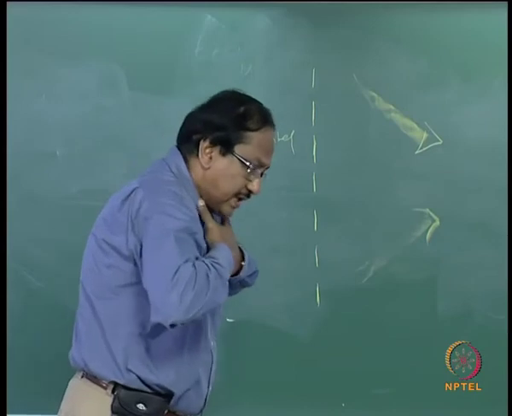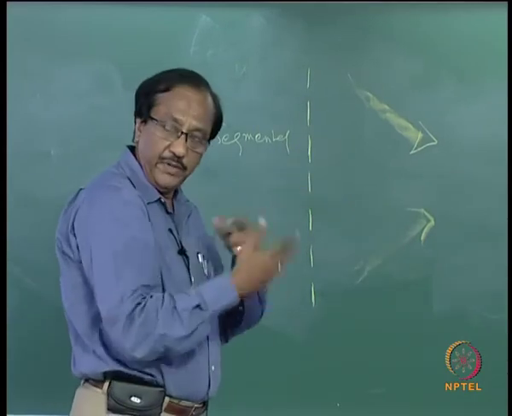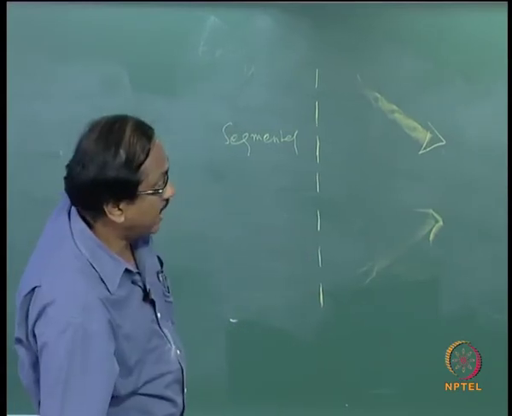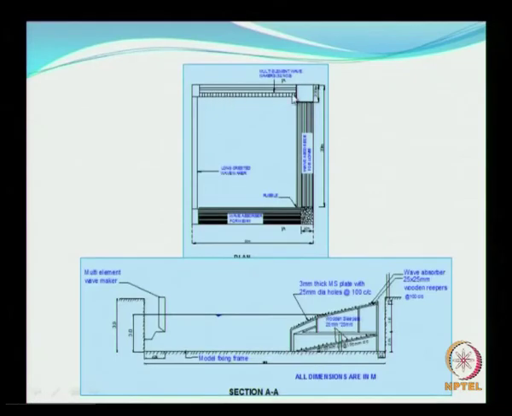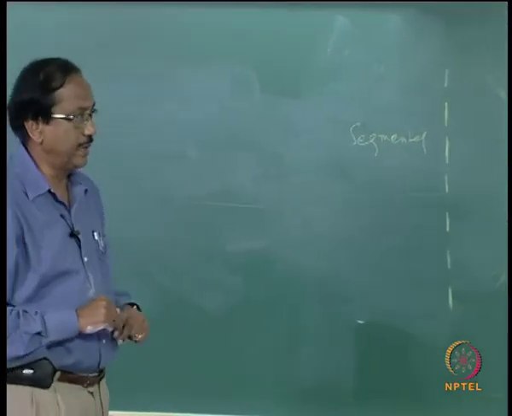So it can generate long crested waves moving in one direction, both regular as well as random. On the other end we have segmented wave makers, which can move with their own frequencies and amplitudes, controlled by the computer.